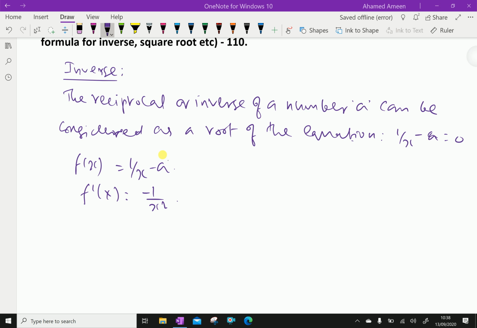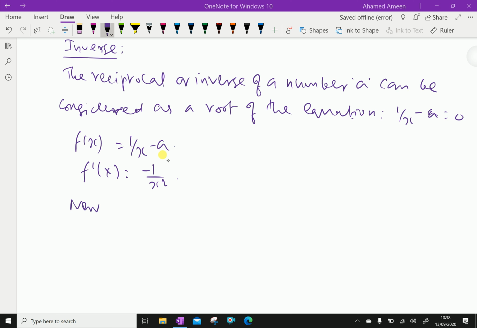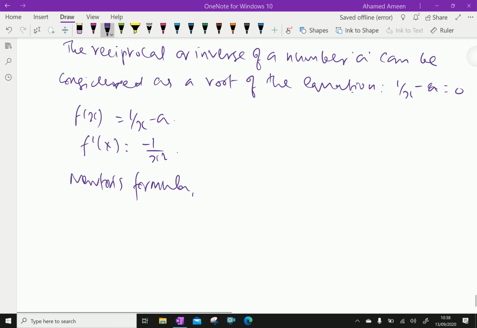And Newton's formula, I can write by iterative formula, x n plus 1 equal x n minus (1 over x n minus a) over (1 over x n square). Here really the Newton's formula comes with a minus, but here the derivative of f of x is minus 1 over x squared, so it comes plus.